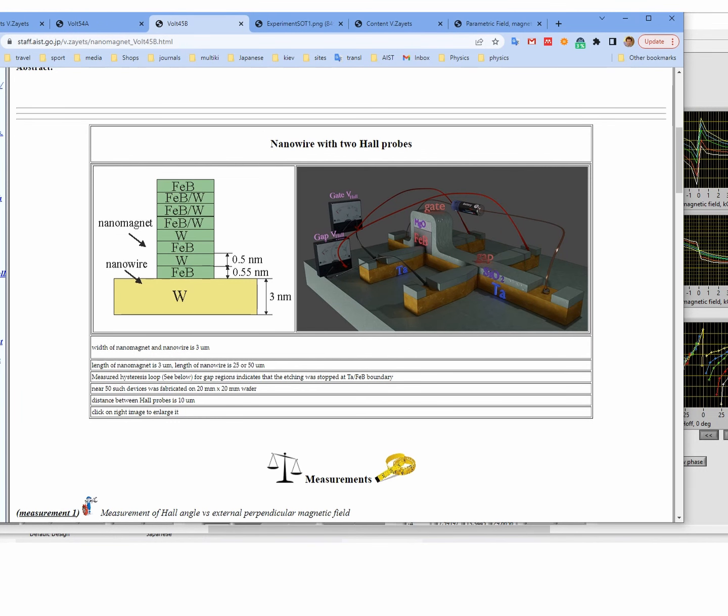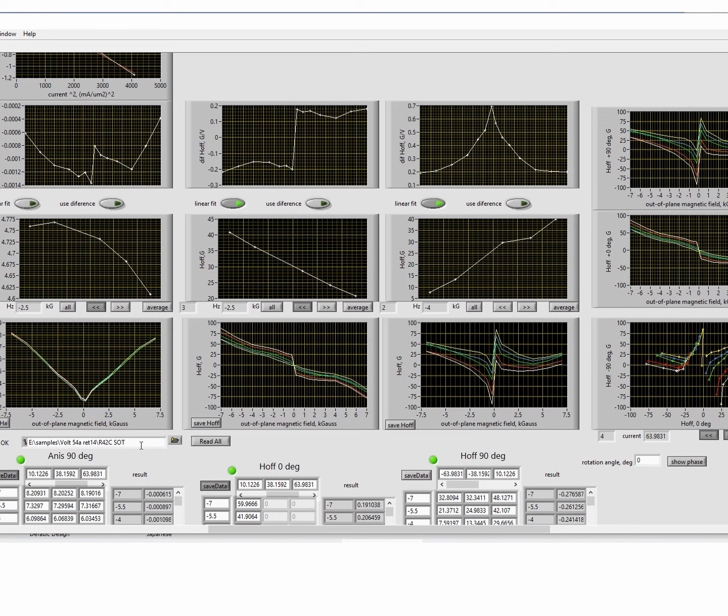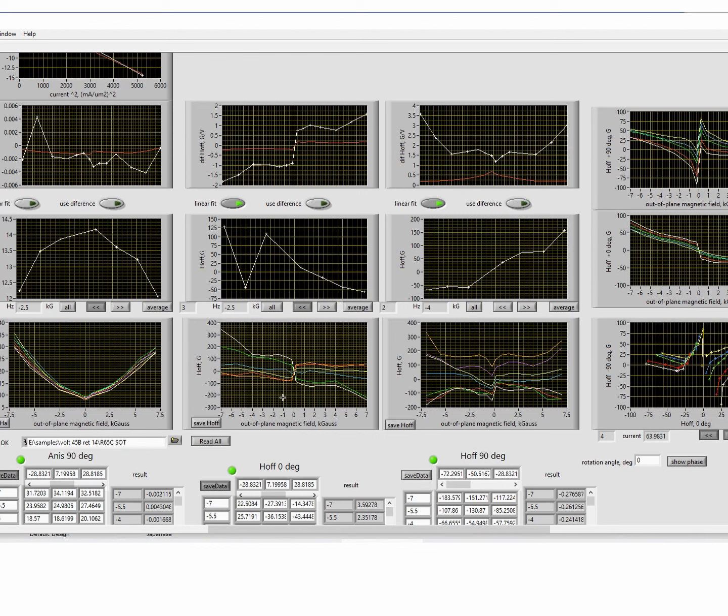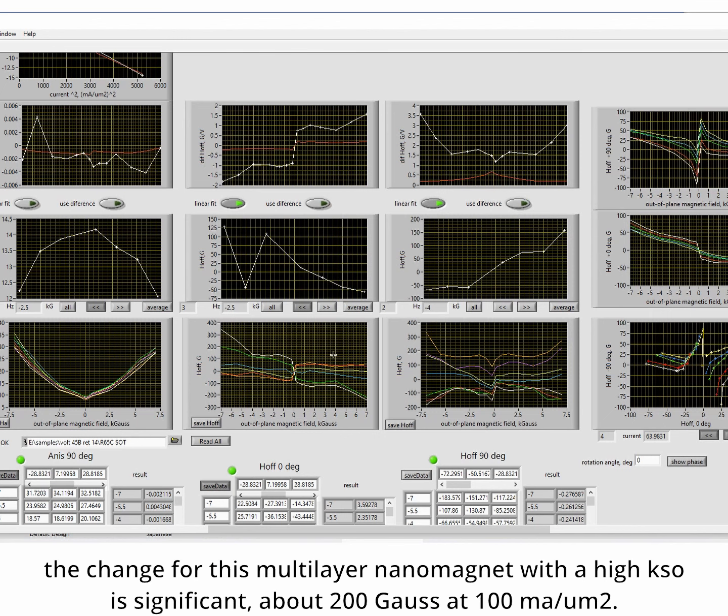But let's take a look at this nanomagnet. The change for this multilayer nanomagnet with a high coefficient of spin-orbit interaction is significant, about 200 Gauss at 100 milliamps per square micrometer.